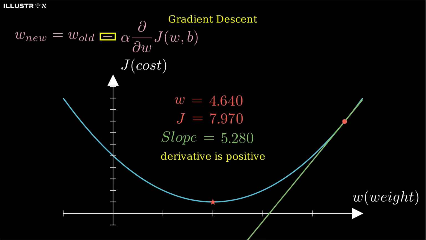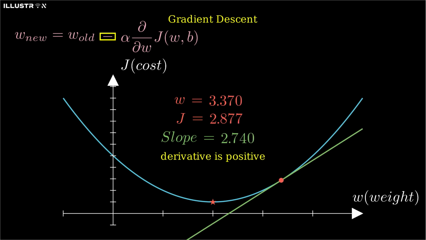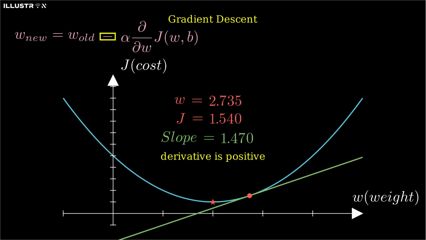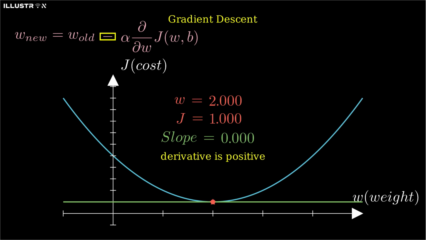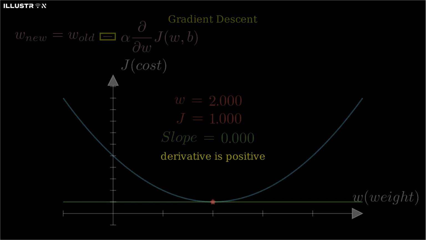A positive derivative indicates an upward slope, so we want to move the weight opposite to that direction to decrease the cost. Positive multiplied by negative is negative, so we are subtracting a value from the current W. The update moves W to the left, decreasing it.